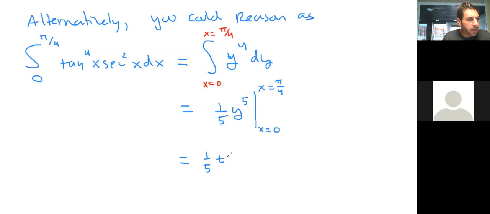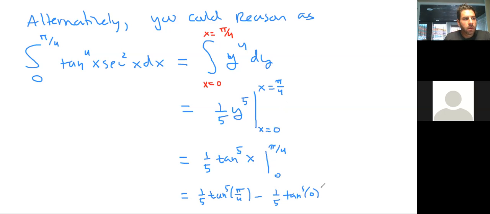So this would be tangent to the 5th of x. And now you don't have to remind us because the variables in the bounds match up. If you did it this way, you would get 1/5 tangent to the 5th of pi over 4 minus 1/5 tangent to the 5th of 0. But this just simplifies to 1/5.